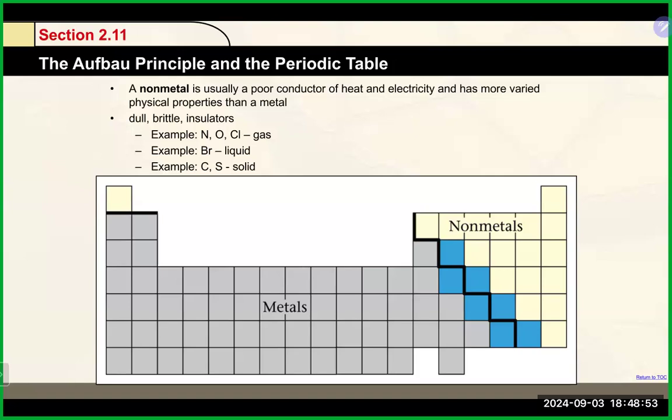So some nonmetals are gases, some nonmetals are liquids, and some are solids. Most nonmetals are those diatomic elements, the diatomic elements that we've talked about previously, which are elements and also molecules. They're pretty much all nonmetals. So these are all nonmetals. All those halogens we played with in the experiment the other day, those are all nonmetals as well.